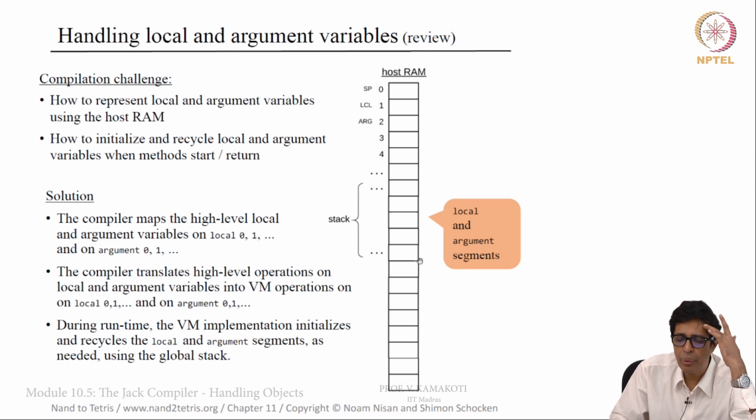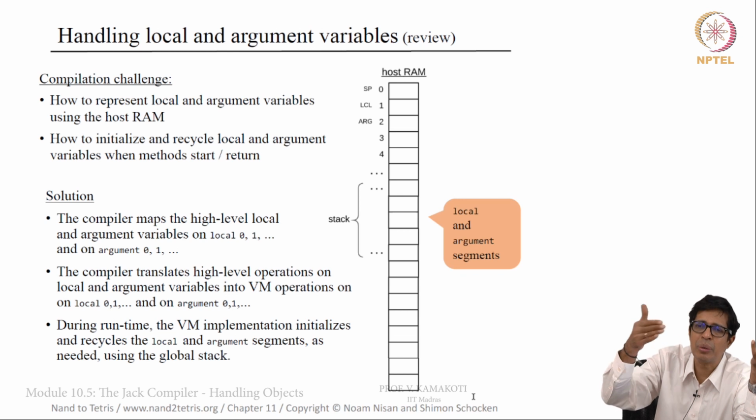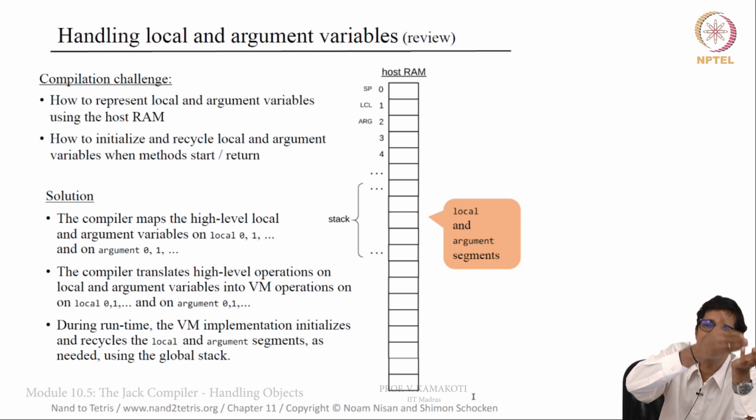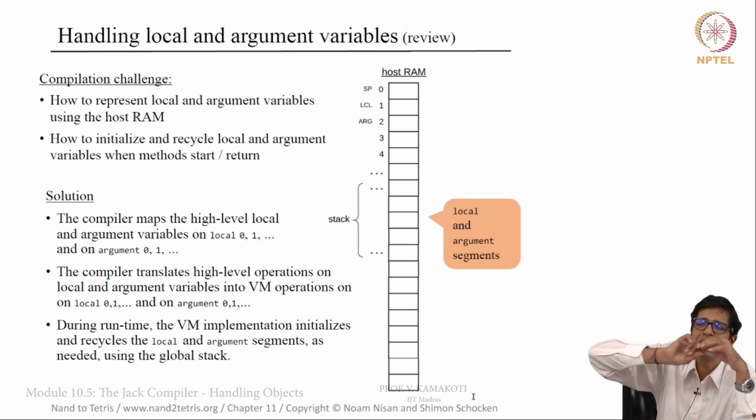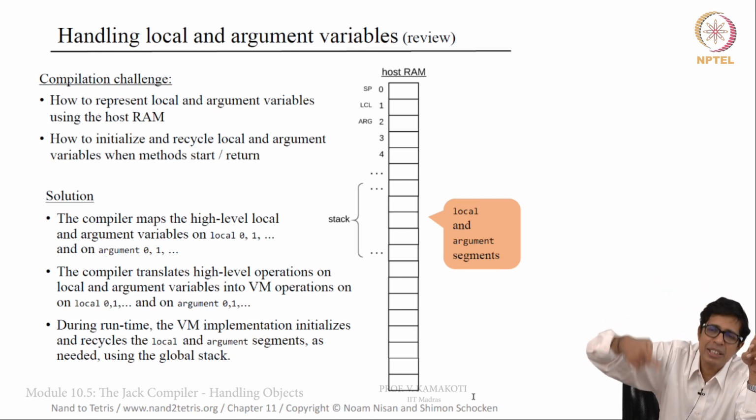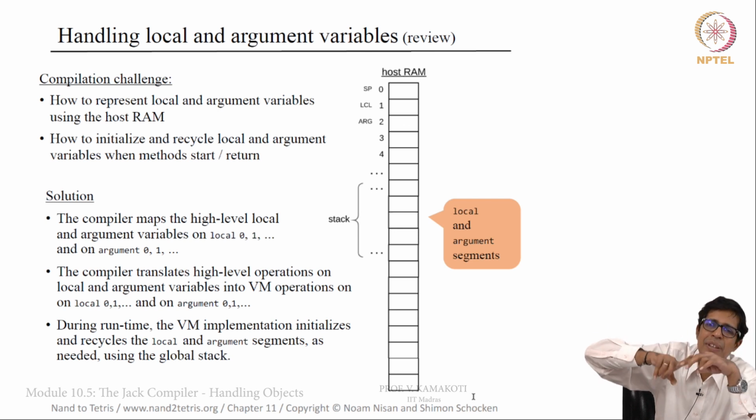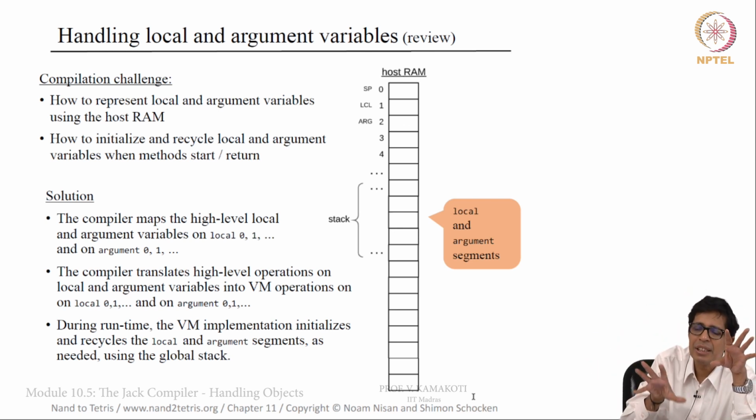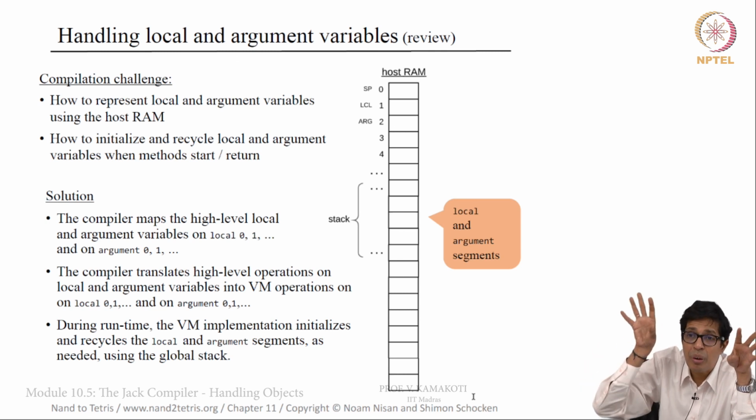So, this is automatically taken care of by your VM. When I do a call, there is a calling function, which has its local and argument segments, and there is a called function which will have its own local and argument. The call at the VM level takes care of this. If you just say call, the implementation of call at the VM level will take care of setting up the local and argument segments of the called function.